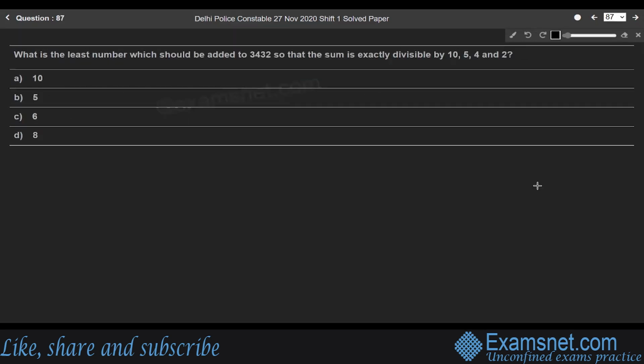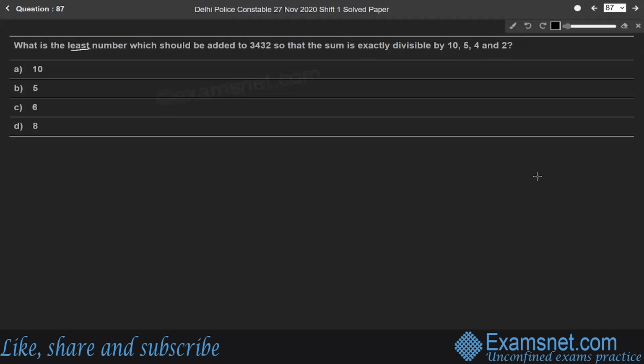Option C. Question 87. What is the least number which should be added to 3432 so that the sum is exactly divisible by 10, 5, 4 and 2? Here we are using the concept that any number that can be divided by A, B, C and D is always a multiple of LCM of those numbers.